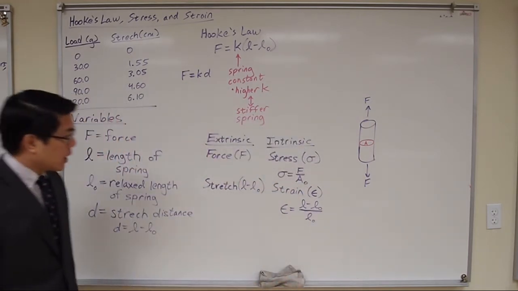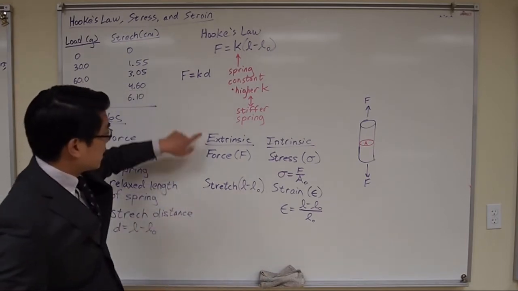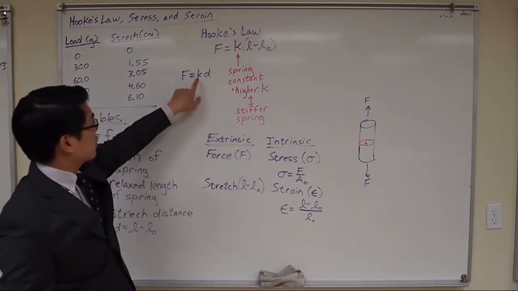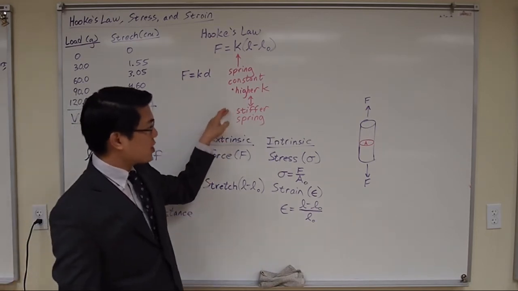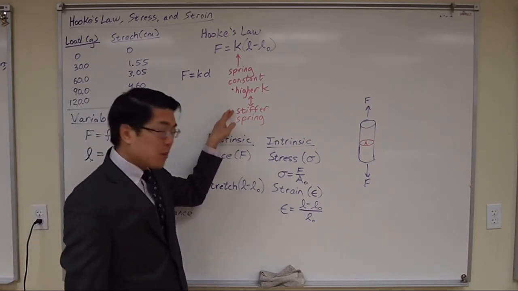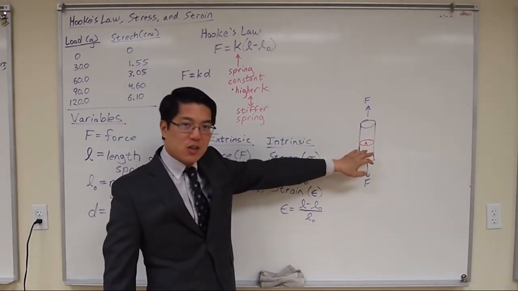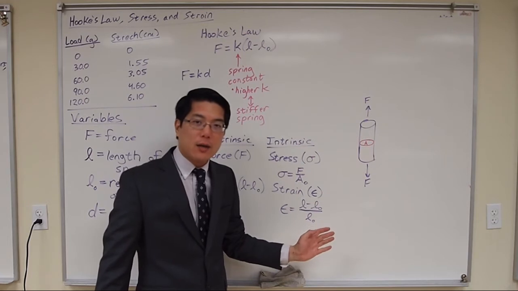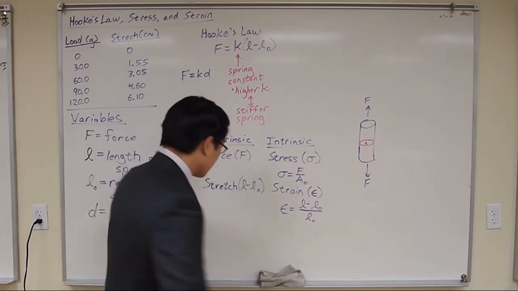All right, and last but not least, we need an intrinsic version of K. In other words, a measurement of not how stiff the spring is, but how stiff the material that we're stretching is, whether that's shaped into a spring or not. In fact, usually it's shaped into a cylinder. We'll get to that in a second.